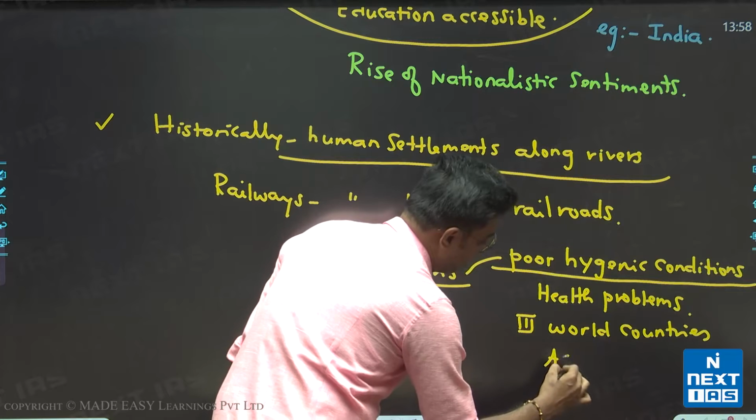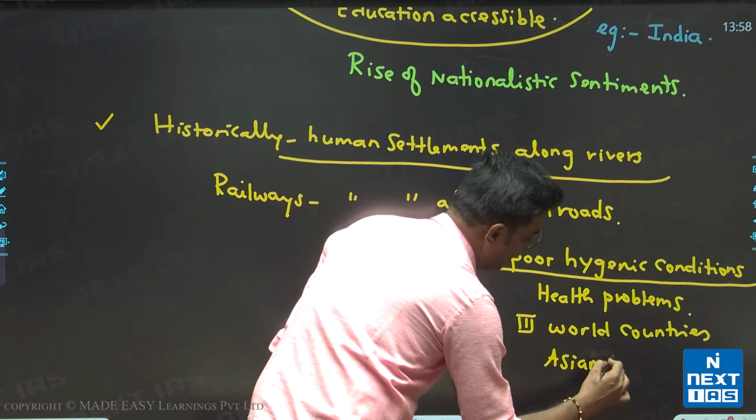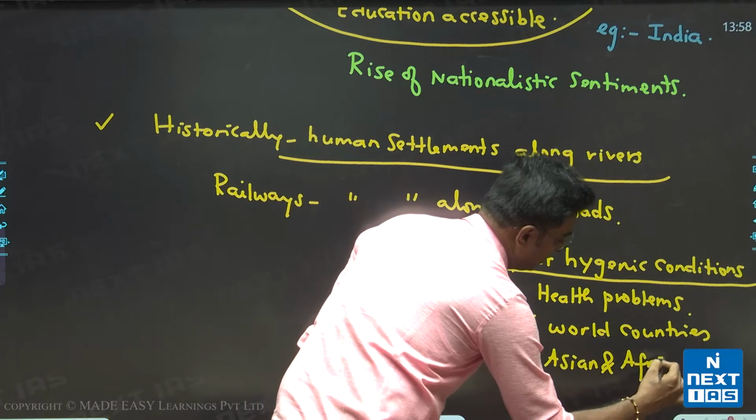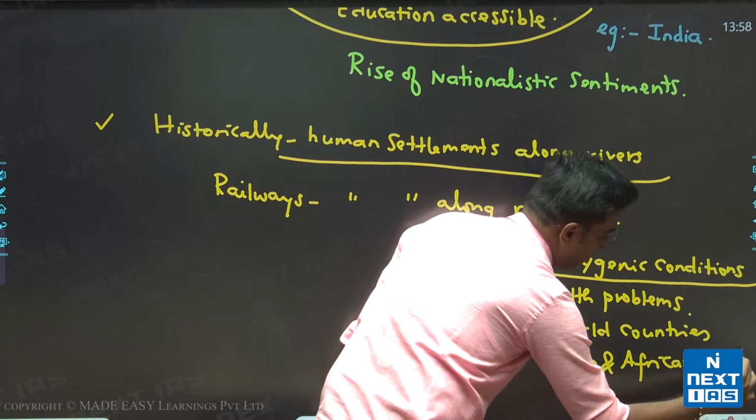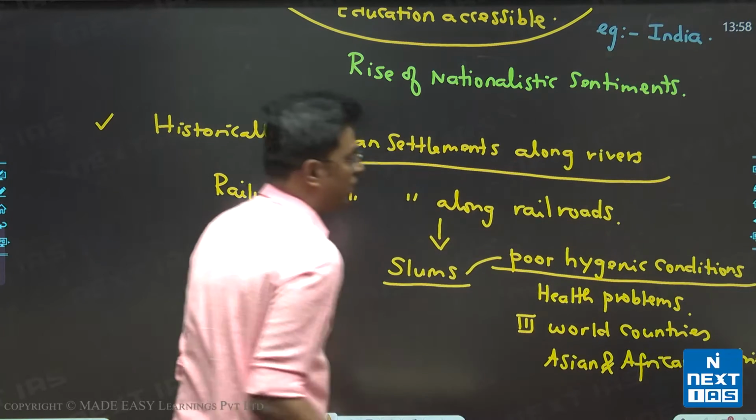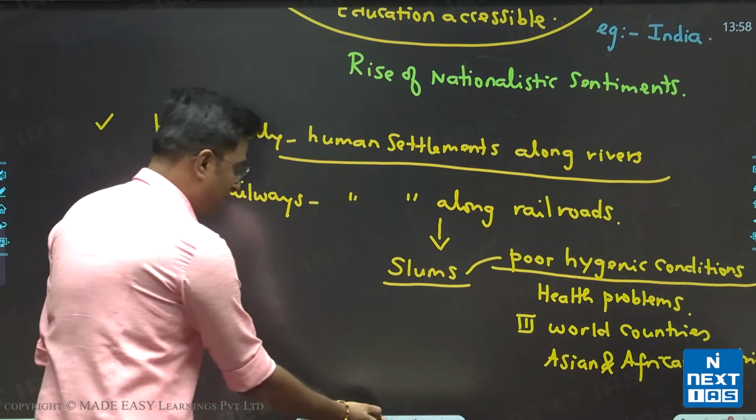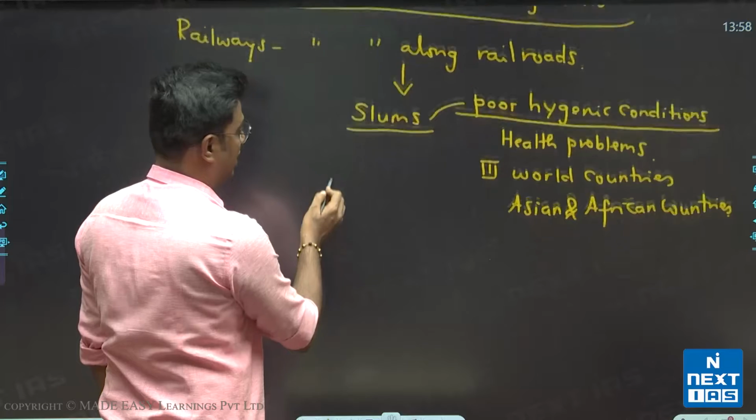Examples would be Asian and African countries. So that sums up social effects of the railways.